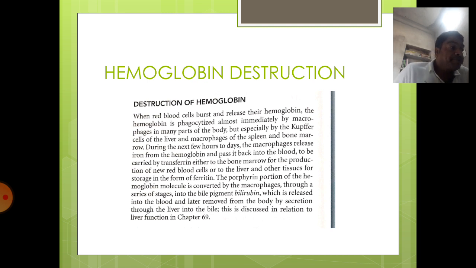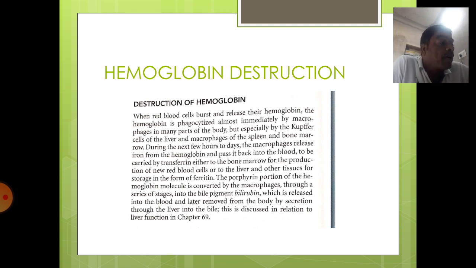Destruction of the hemoglobin. When red blood cells burst, they release their content of hemoglobin. The hemoglobin is phagocytosed almost immediately by the macrophages in many parts of the body, but especially by the Kupffer cells of the liver and macrophage cells of the spleen and bone marrow.